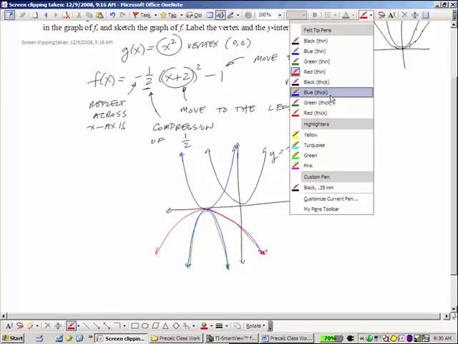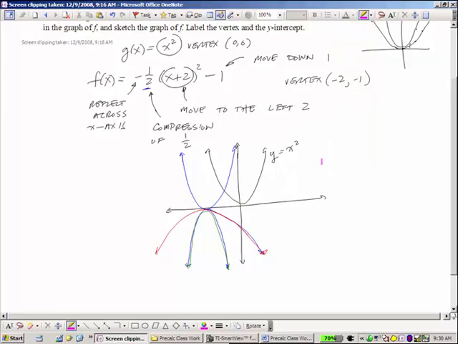And now finally I'm ready. I'll do it in big pink highlighter. Now I'm ready to move it down 1. So I move it down 1. And that's what the function looks like after each one of those steps. The final function is that big pink function.